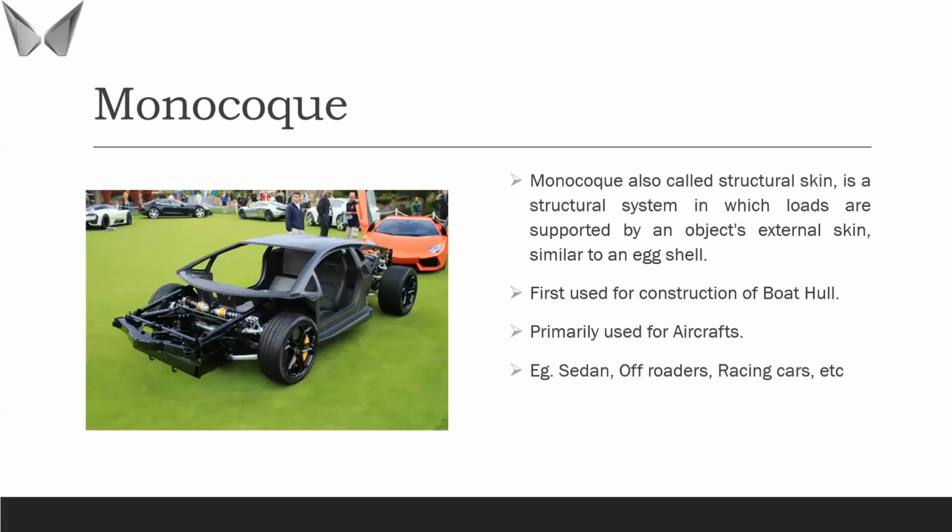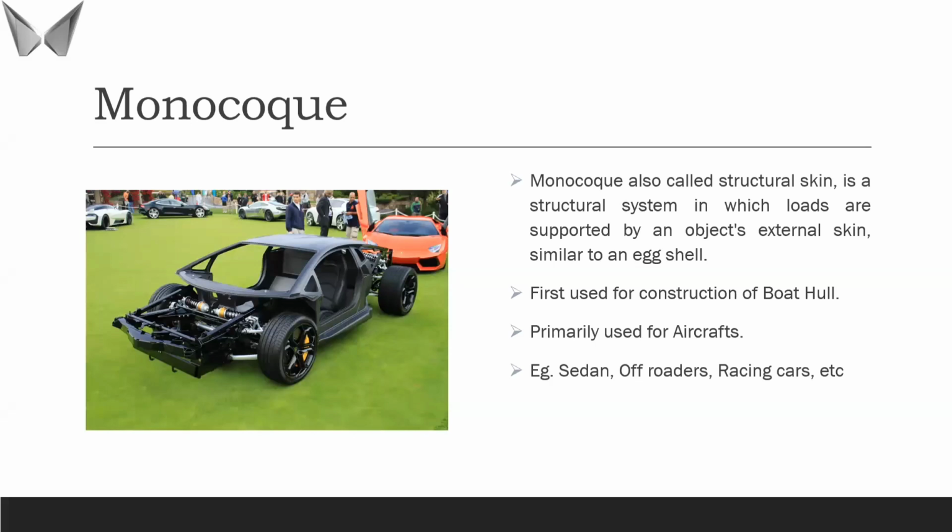Later came the monocoque construction, which was primarily used in ship and aircraft manufacturing. We took this concept from aircraft and ship manufacturing and tried to integrate it in automotive, where there will not be a separate frame.